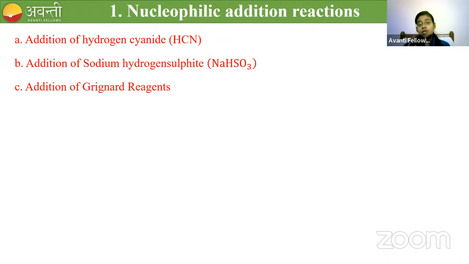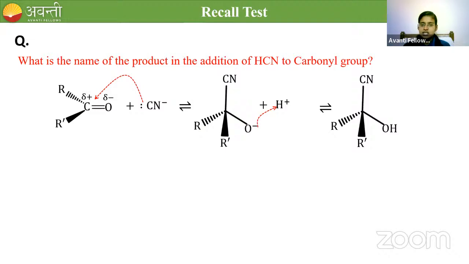Before going on to that, I have got one question for you, which is a recall test. Try to answer this question. Once we complete this, we will move on. What is the name of the product in the addition of HCN to carbonyl group? Can anyone give the answer? We have studied this, right?